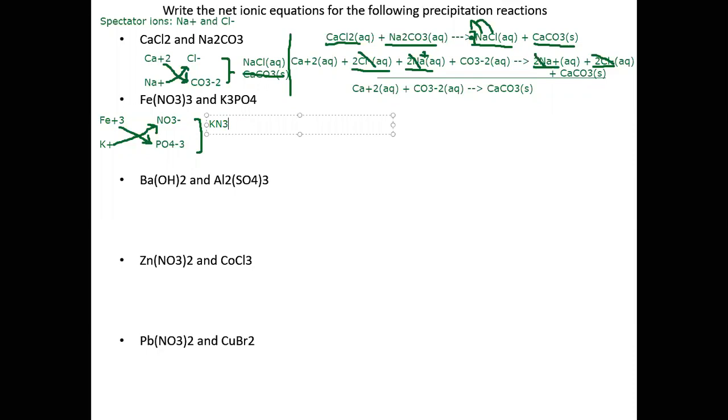So we get potassium nitrate and iron 3 phosphate. And here notice that potassium nitrate is a group 1 salt, so that's most likely where our spectator ions will come from. So now we need to write the molecular equation. So we take our reactants.